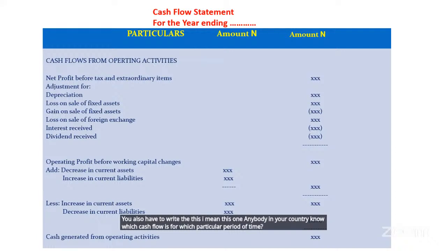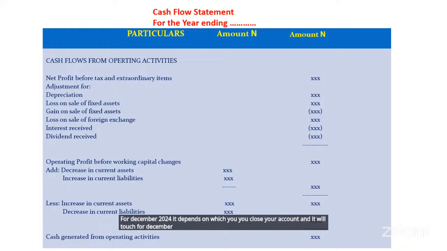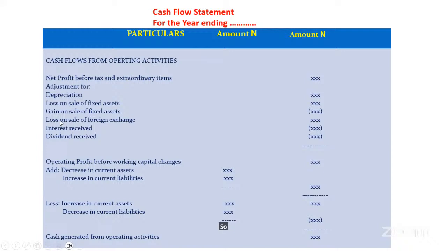So we say for the year ended 31st December 2022, or 31st December 2024. It depends on which year you close your account. It can be 31st December or 31st January 2023, or whichever month your account closes. So it has to be indicated here. Then we have particulars, and amount in naira, assuming that we're dealing with naira.